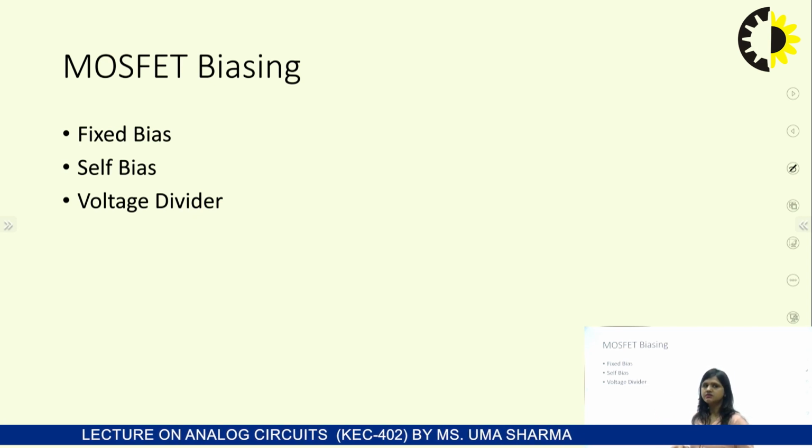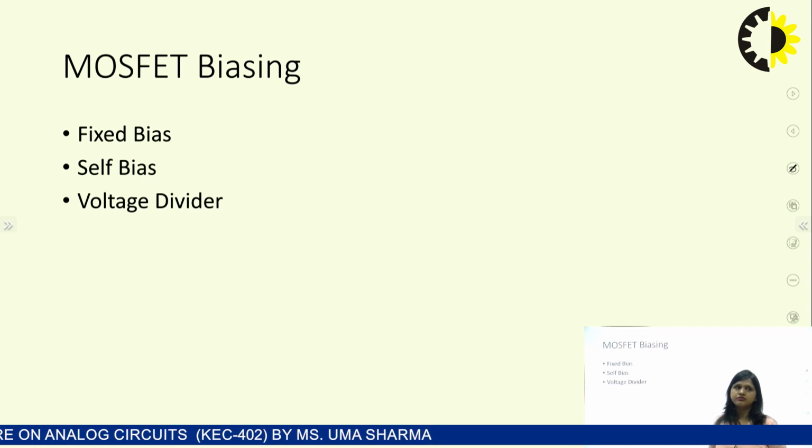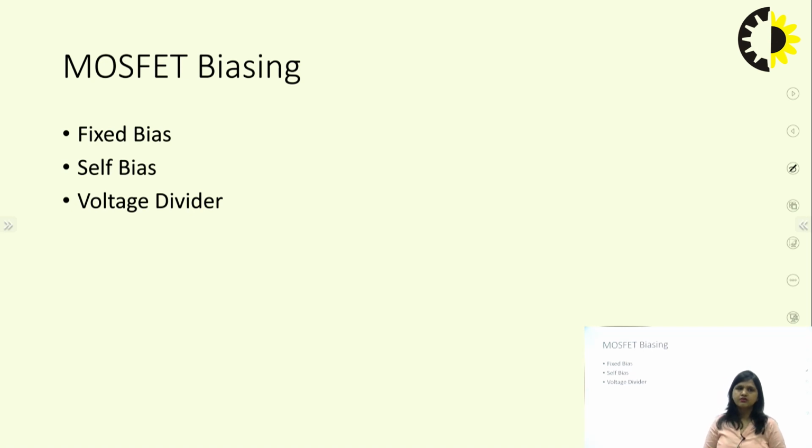These biasing schemes we have already studied for the BJT, and the same are valid for the MOSFET also. The structure of MOSFET and BJT is totally different, but the function of both the transistors is almost the same, because with the help of BJT you can implement two applications mainly: one is switch and second one is the amplifier. Similarly, with the help of MOSFET also you can implement switch and amplifier.